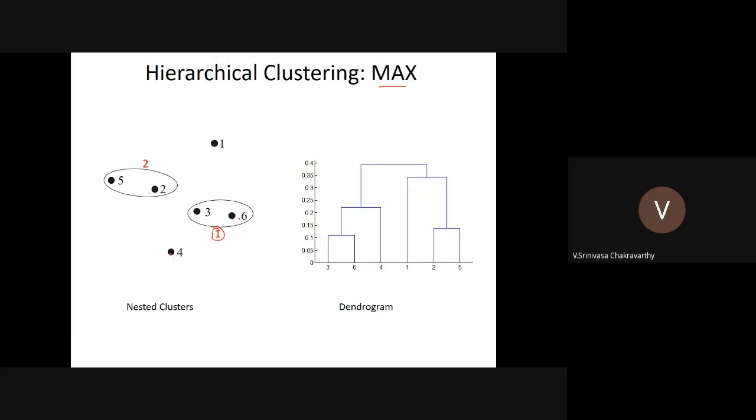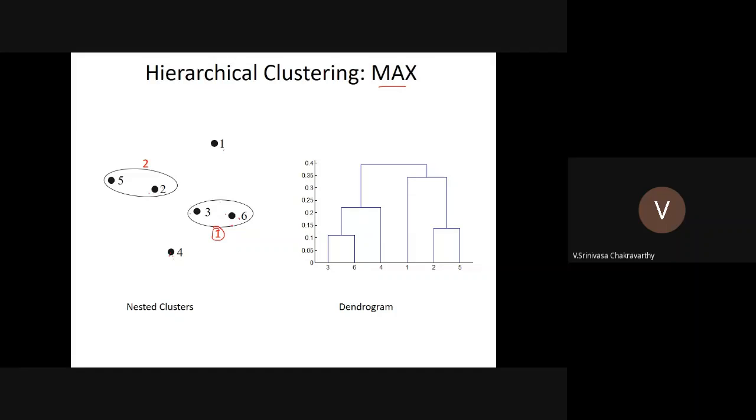So therefore, that distance is taken as the distance between this cluster and this point. But even then, this distance seems to be smaller than, for example, the distance between this cluster and this cluster, or the distance between this cluster and this point. Okay, so that's how it is.